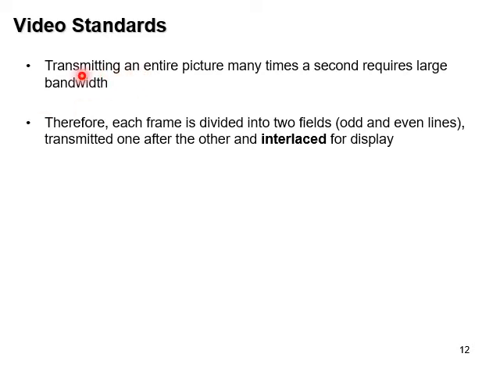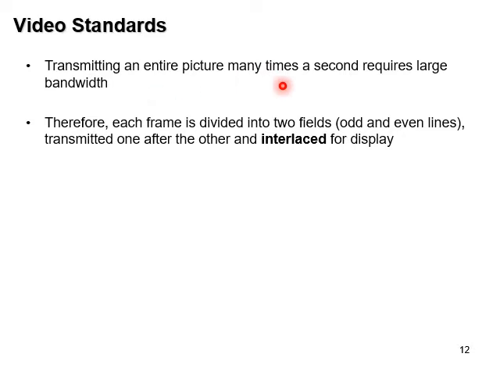Now when we talk about transmitting an entire picture, which has multiple lines, and many times, because as we said you have to refresh the screen 40 to 50 or 60 times per second, for TV broadcasting they have to transmit at least 50 frames every second.